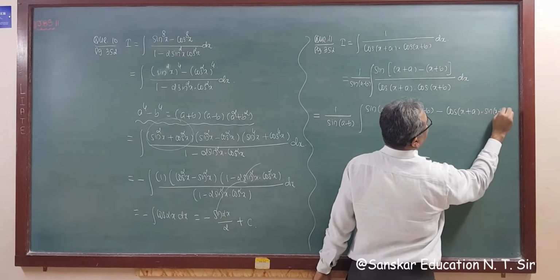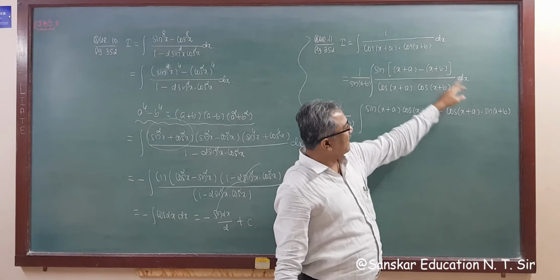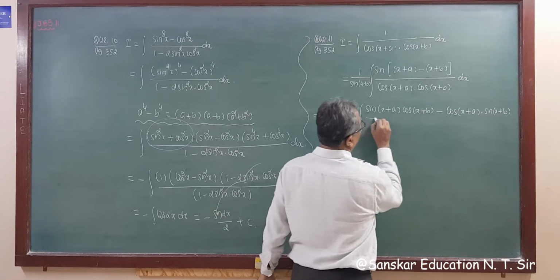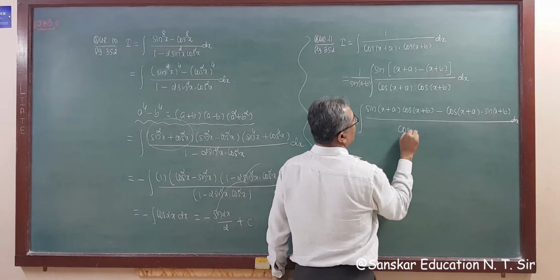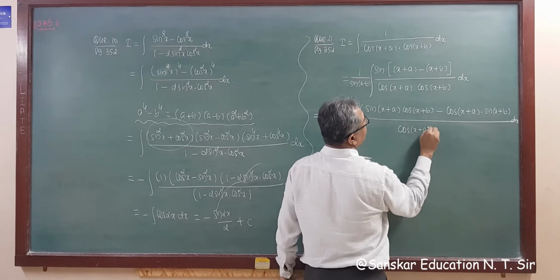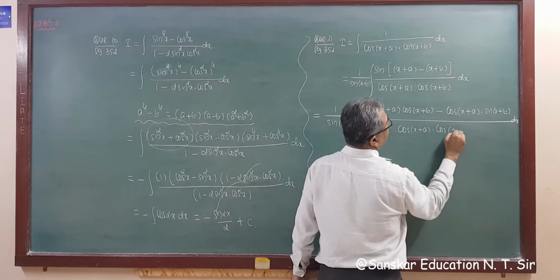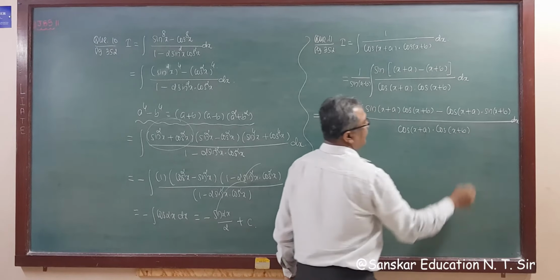Got it? Sine a cos b minus cos a sine b. Alternate, right? Whole upon cos x plus a, cos x plus b, and this is dx.